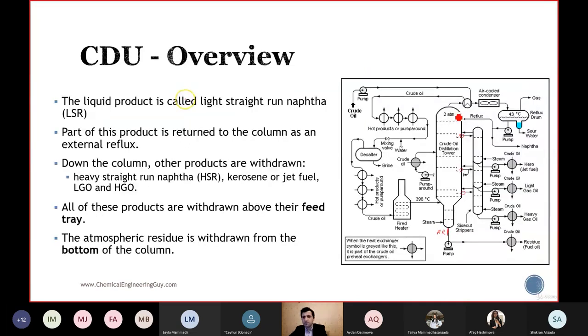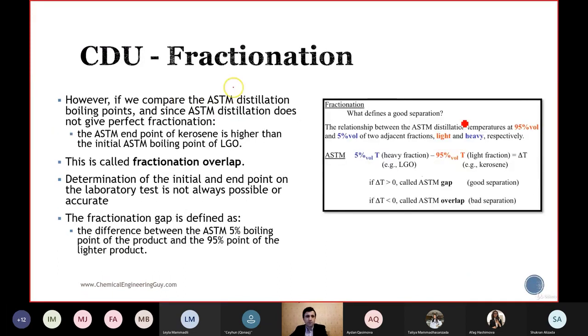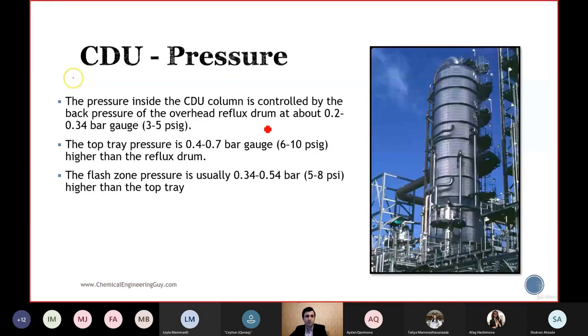This is the pressure of 0.3 bar G. This is where you control the CDU overhead pressure. The top tray pressure is 0.4 to 0.7 bar G. And the flash zone, this is, by the way, a video in the photo, not CDU. How I know that, I will tell you later. The flash zone pressure is usually 0.34 to 0.54 bar higher than the top tray.